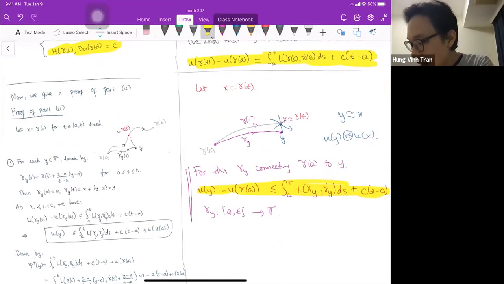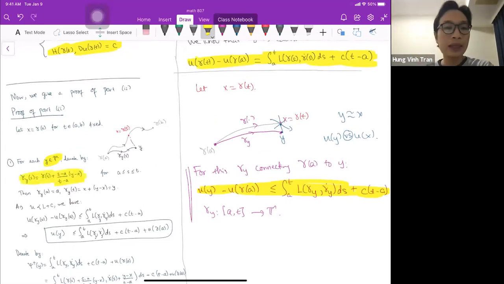For y here, we're just going to create the curve gamma y. That is a combination of gamma with, how should I say this, the first part is gamma, right?